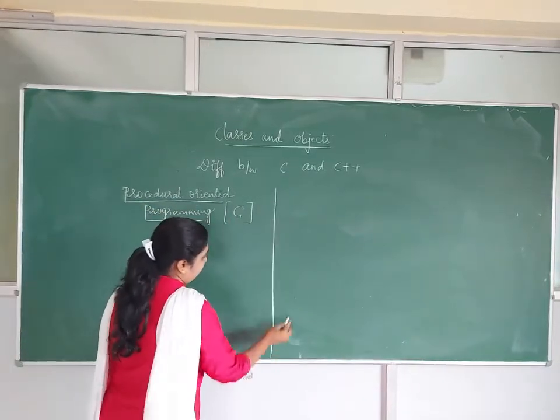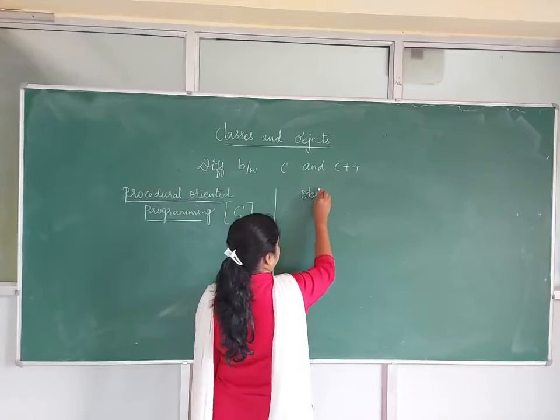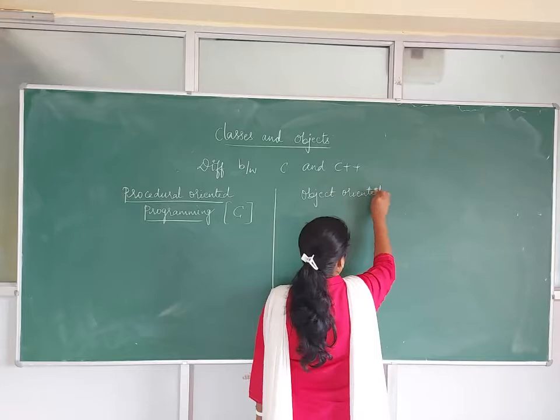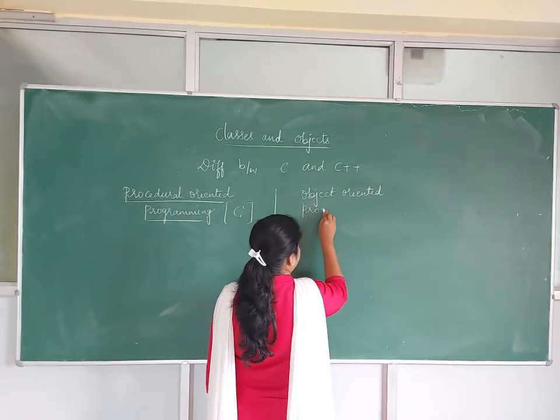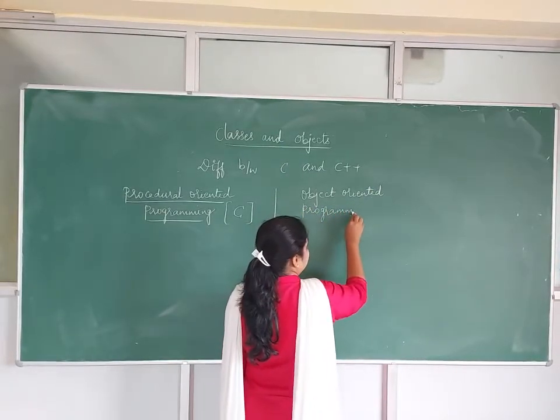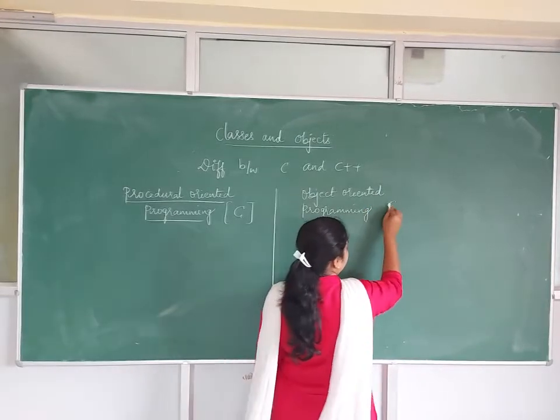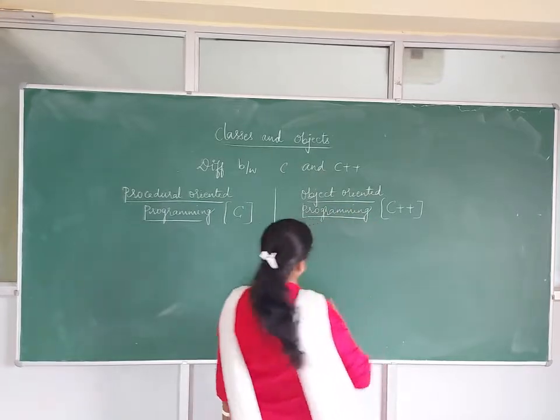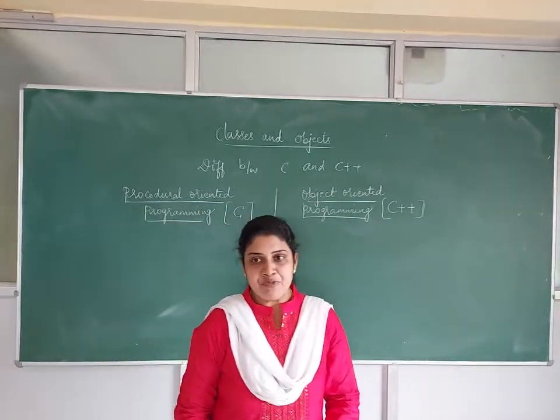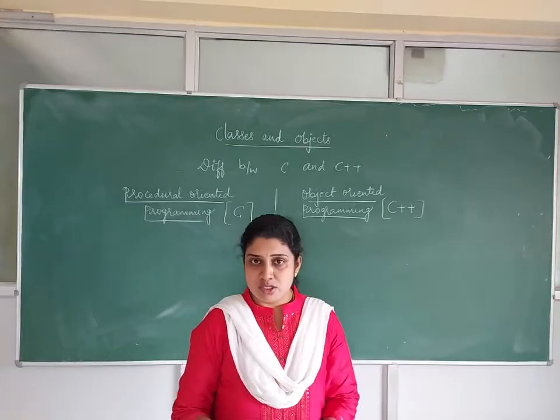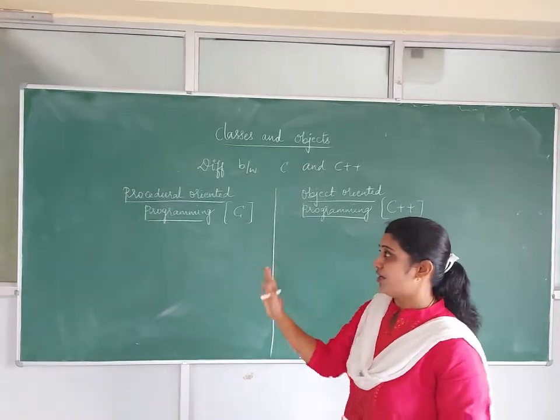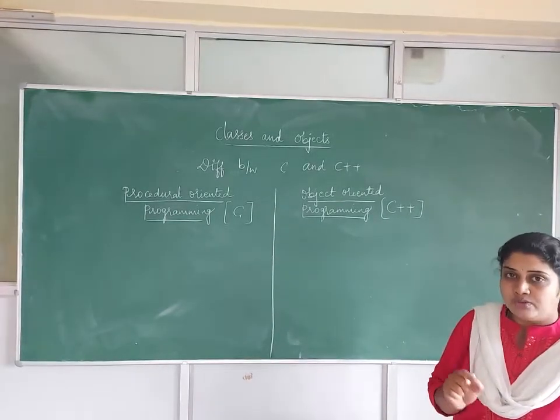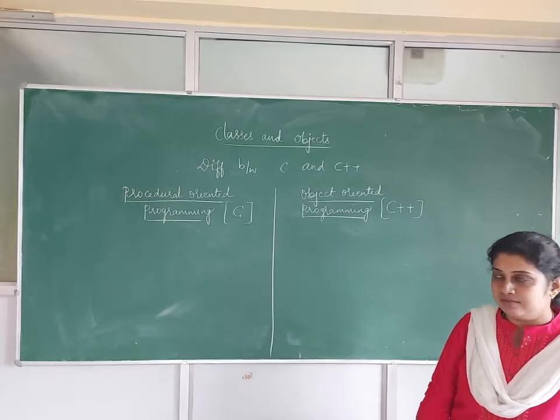And object oriented programming is also called C++. This difference is very important. So C language is procedural oriented programming, and C++ is object oriented programming. That is OOPS.